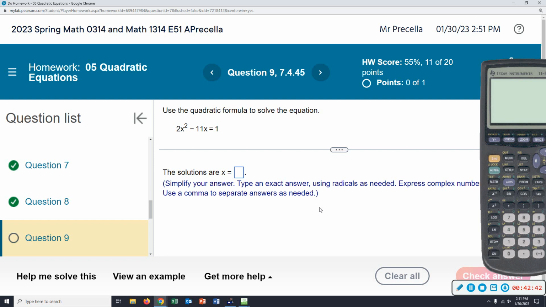Let me write the problem down. Two x squared minus 11, 2x.